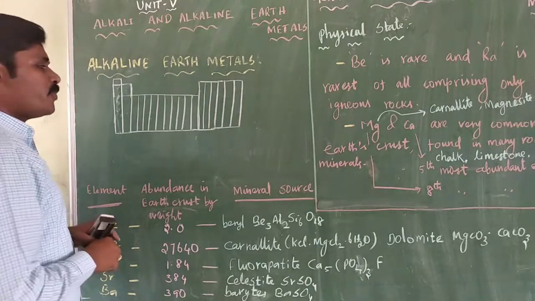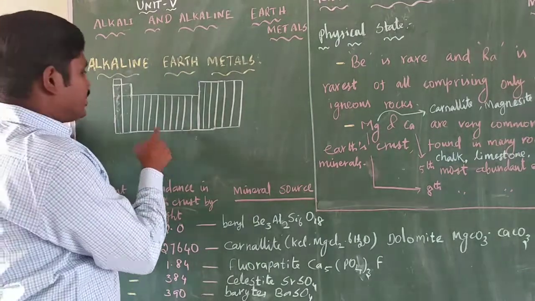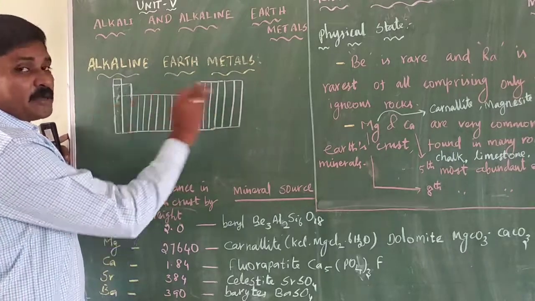Okay, the modern periodic table contains 18 groups and 7 periods.